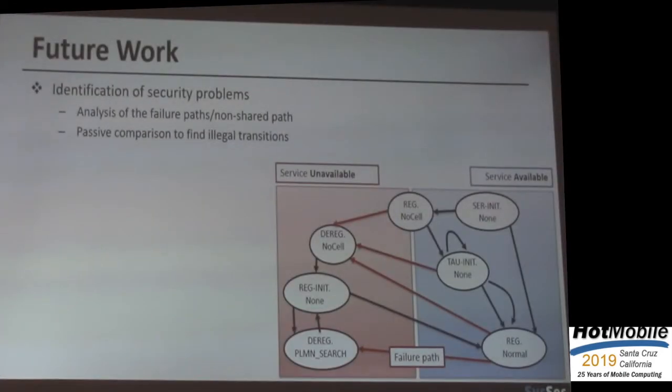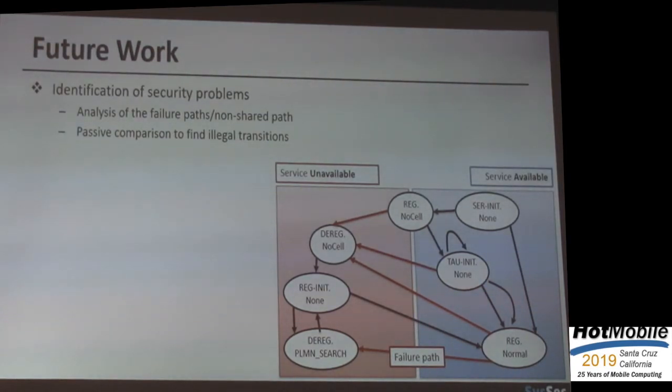And what can you do more with the state machine comparison? One interesting future work with the state machine is security analysis. First, by comparing the state machines, we can easily identify possible security problems. For example, a path heading toward a service unavailable state or a time-consuming state could be an effective attack vector.